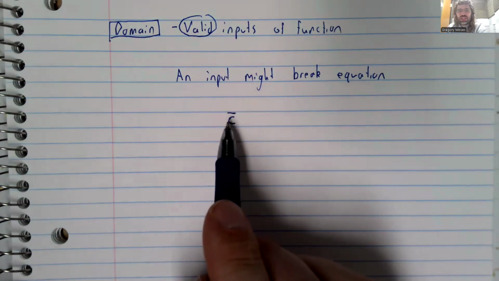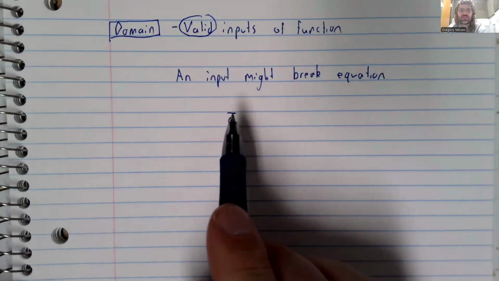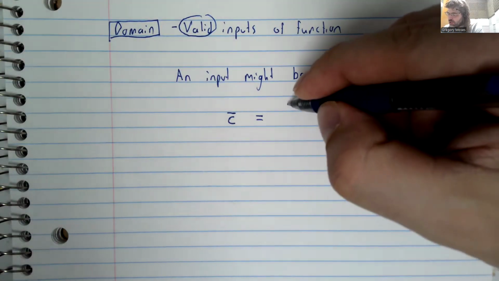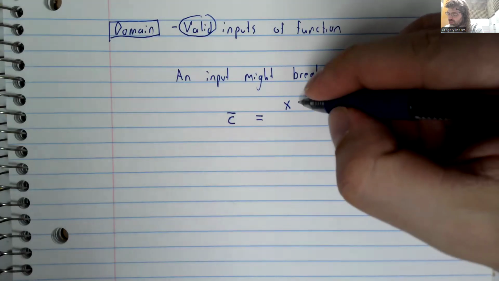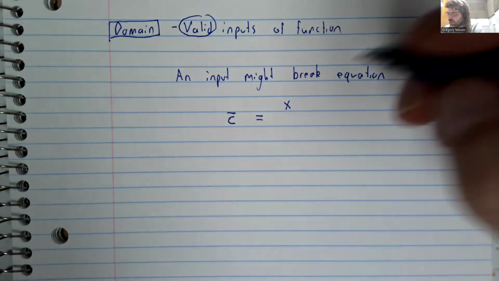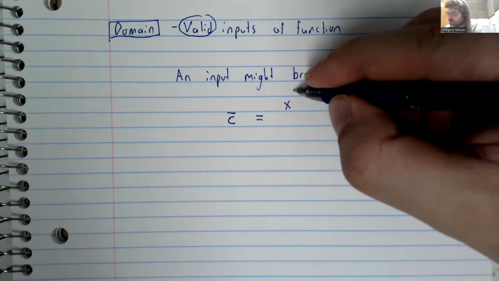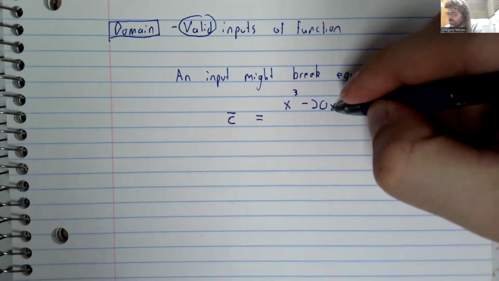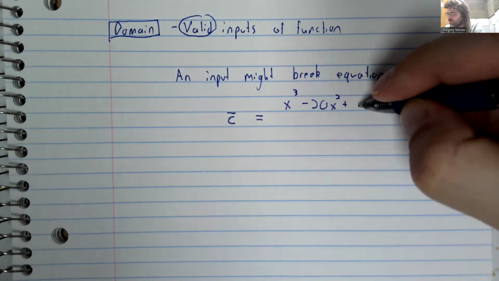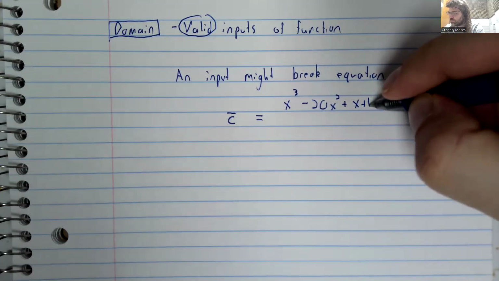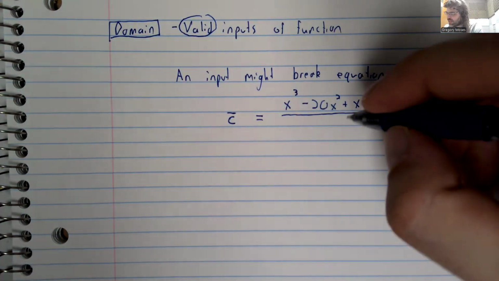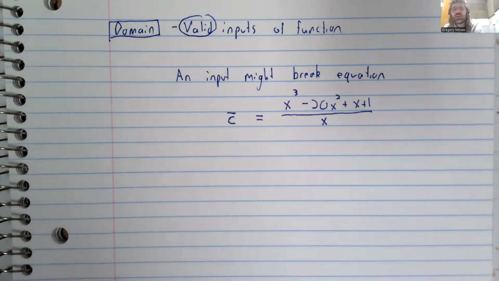So C with a bar above it is going to be the average cost. And I'm not saying that this numerator is very realistic. But the denominator of an average cost function is going to look like this.